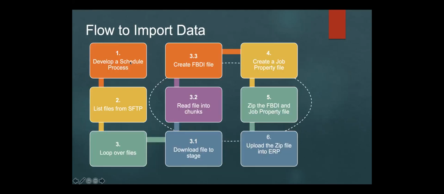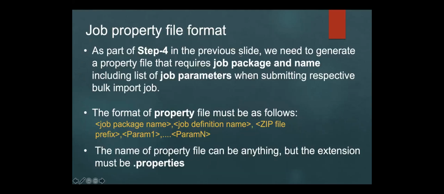So as part of step 4 here, we need to generate a property file that requires the job package and the name, including the list of job parameters when submitting the respective bulk import job. The format looks like this: the first column of the property file will be the job package name, which you can get from the ERP very easily. I will show you. Comma, job definition name, comma, zip file prefix.